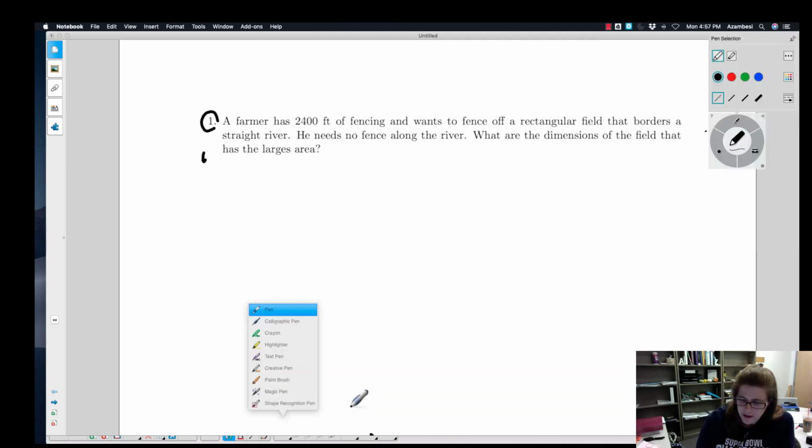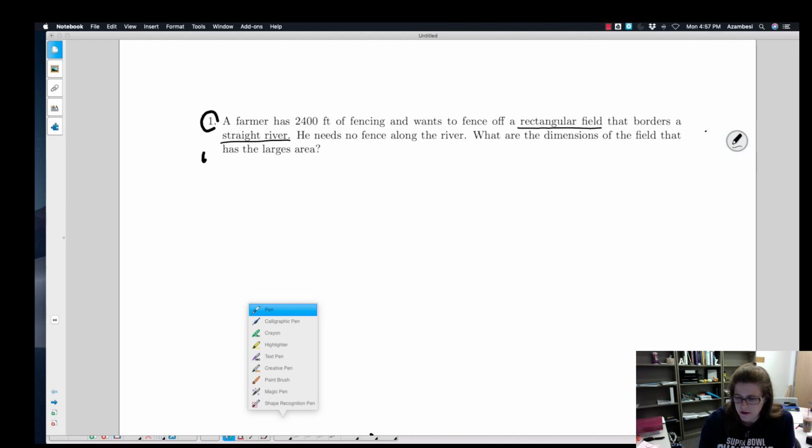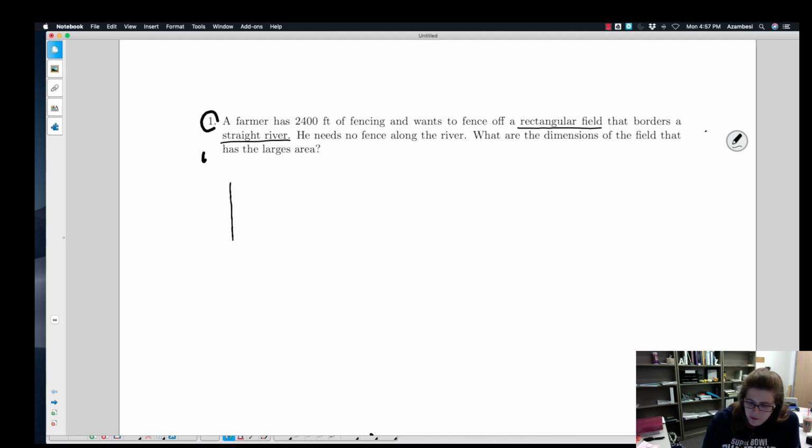If I want to figure out how to maximize the area given a function, then we're talking about a rectangular field, and it borders a river. So bordering a river on one side, I'm going to draw in what we're actually looking at. If it borders a river on one side, then it has 3 sides that we have to fence.